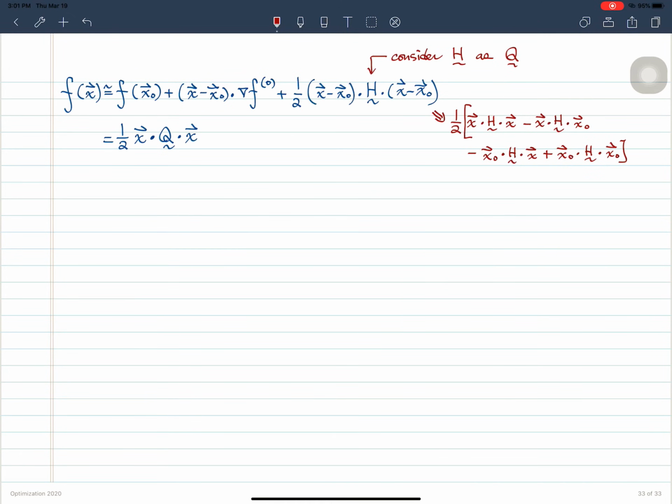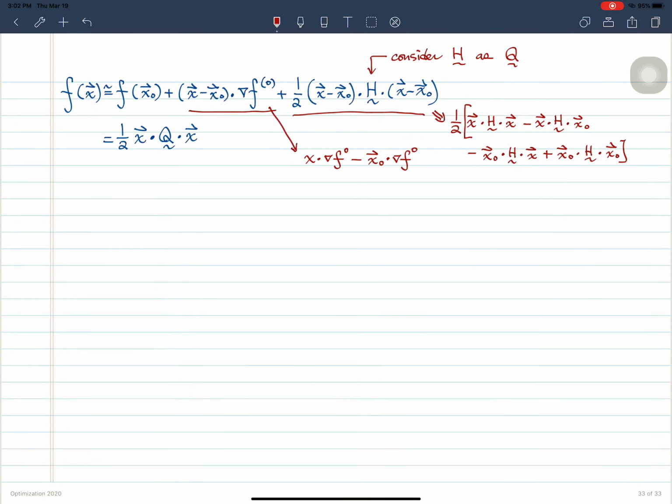If you expand the right hand side, it's like this. And how about if I expand this part? This is like x dot the gradient minus this. Okay, it's like that, right?